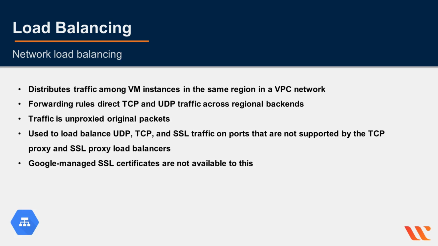You can use network load balancing to load balance UDP, TCP, SSL traffic on ports that are not supported by the TCP proxy and SSL proxy load balancers. Google Managed SSL certificates are not available here. They're only available for HTTPS and SSL proxy load balancers.